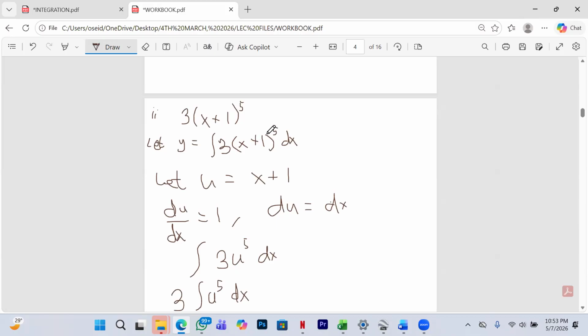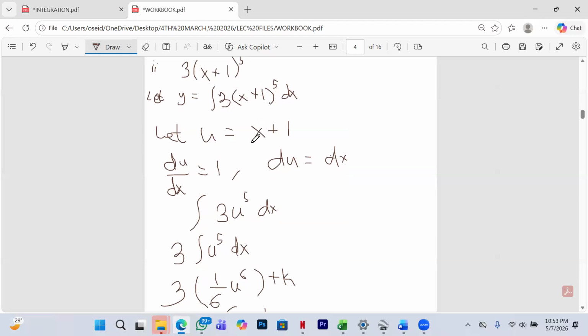Thank you. So with this particular question, we have two alternatives. One alternative is this way, and the other alternative is go straight. So let's say we are using the other alternative.